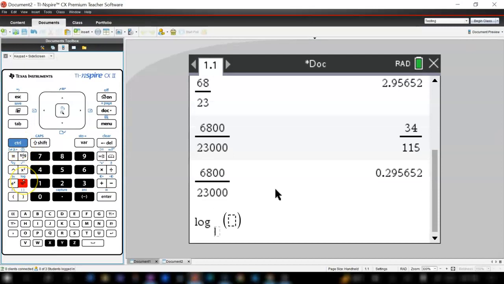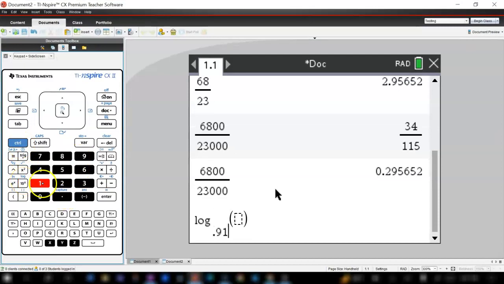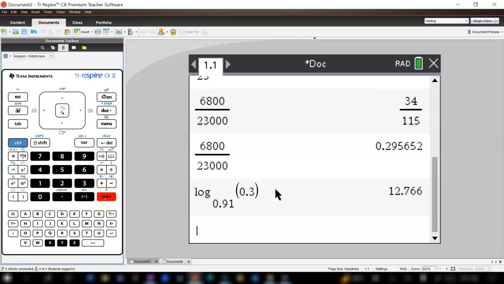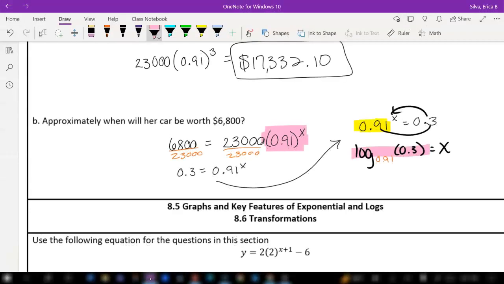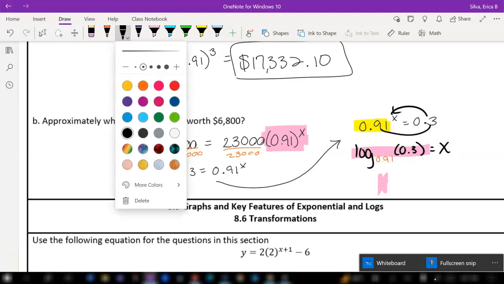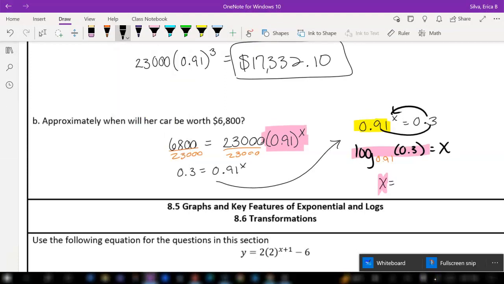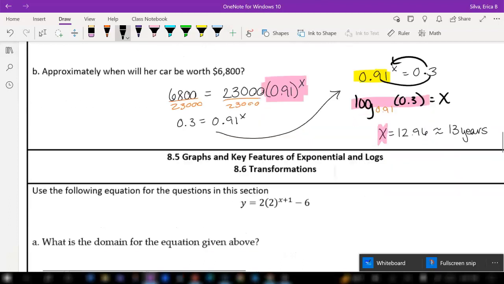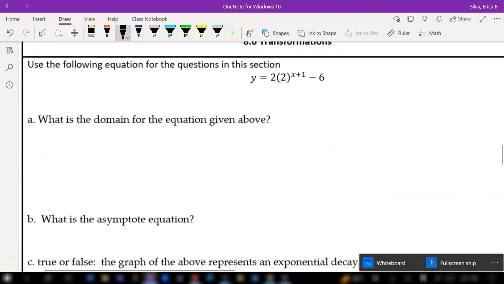We've got log base 0.91 of 0.3, and that gives us 12.96. So x is equal to 12.96, which is approximately 13 years. Okay, let's look at the next one.